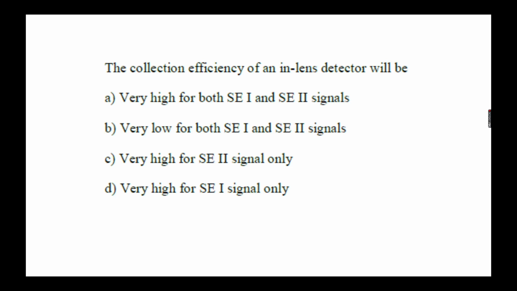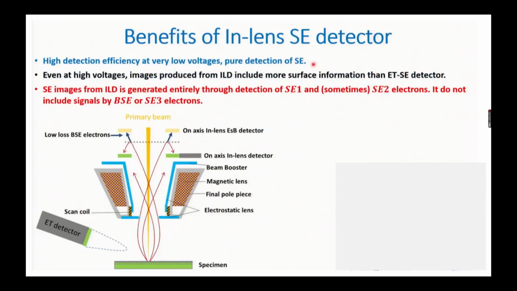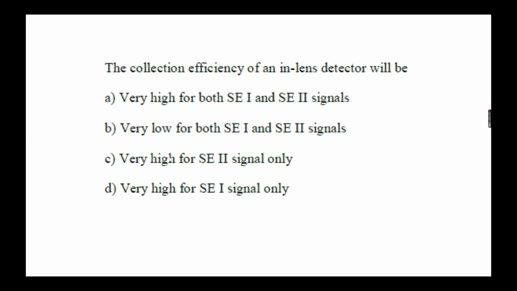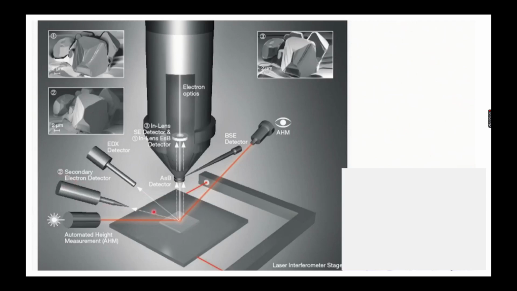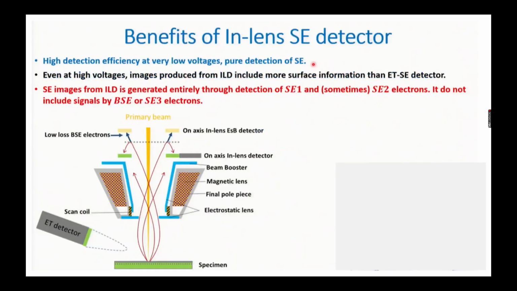It is very high for your SE1. So the answer will be D. Just keep remembering this. This is your in-lens detector. This is your ET detector. This is your in-lens detector. It is not efficient for SE2 because SE2 leaves far from the primary beam impact point. So that's the reason.